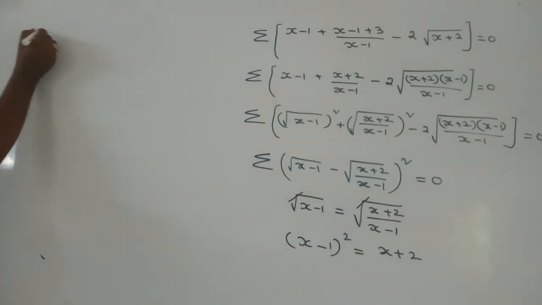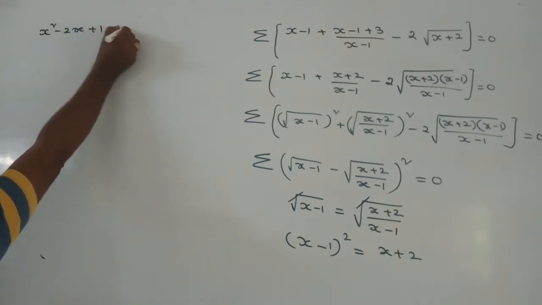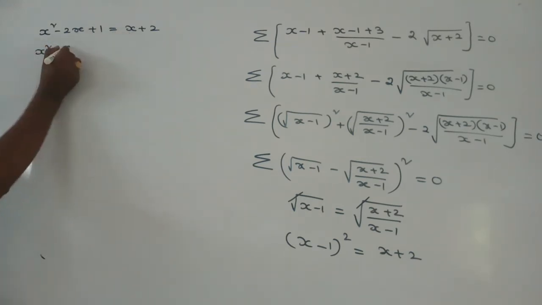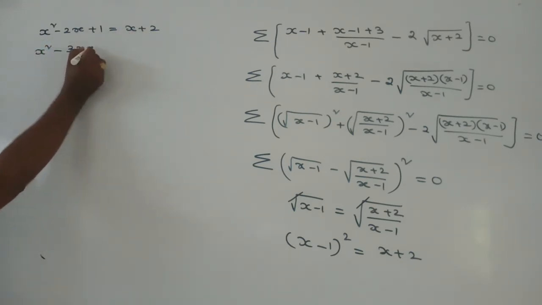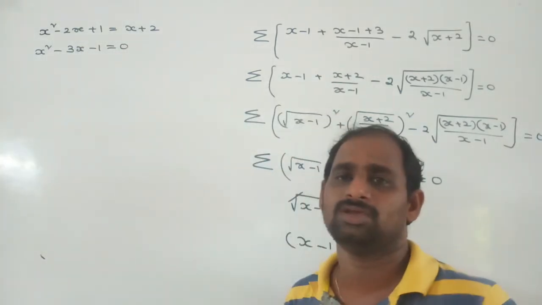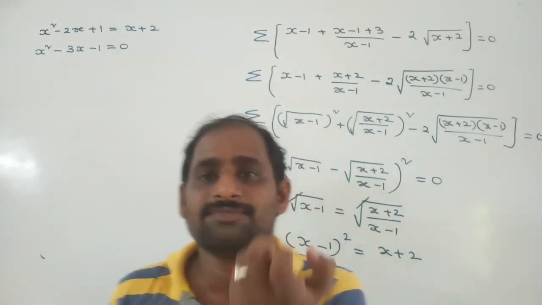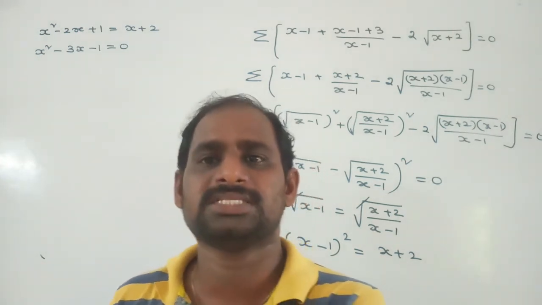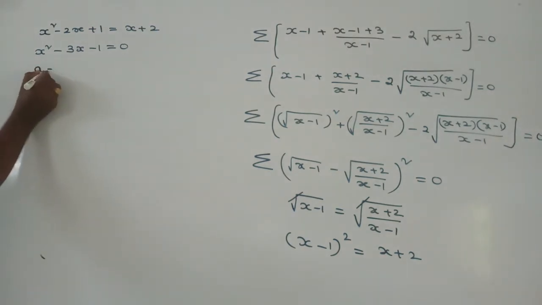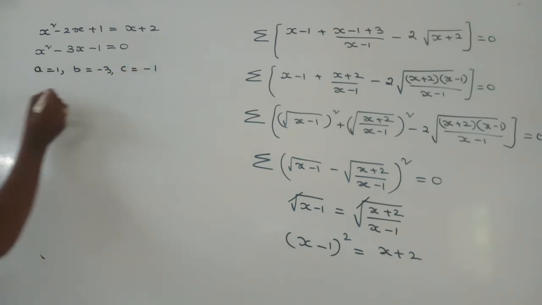x minus 1 whole square can be written as x square minus 2x plus 1 is equal to x plus 2. So x square minus 3x plus 1 minus 2, that is minus 1, is equal to 0. Now clearly it is in the quadratic equation form, ax square plus bx plus c is equal to 0. So the roots of the quadratic equation are minus b plus or minus root of b square minus 4ac by 2a, where a is equal to 1, b is equal to minus 3, c is equal to minus 1.